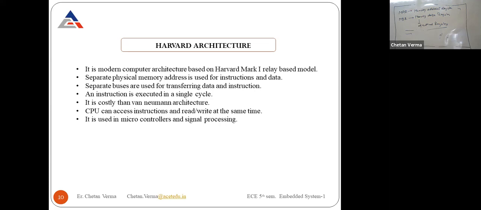Now the disadvantages of the Harvard architecture. The first one: when there is free data memory, it cannot be used for instruction and vice versa. Memory dedicated to each must be carefully balanced in manufacturing.